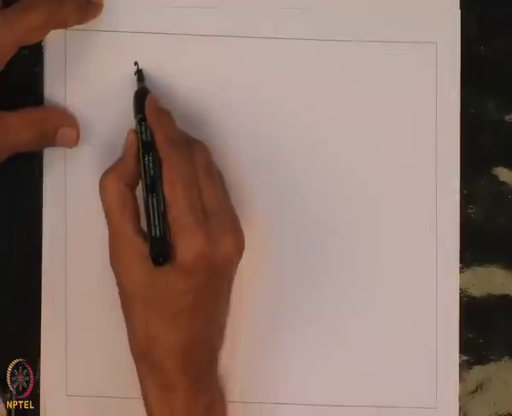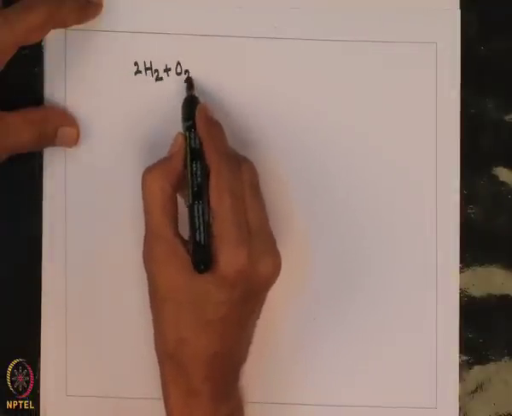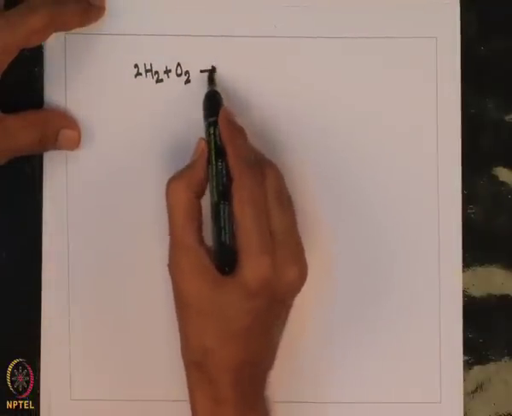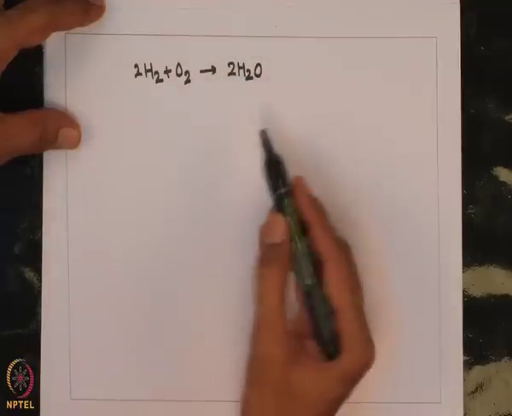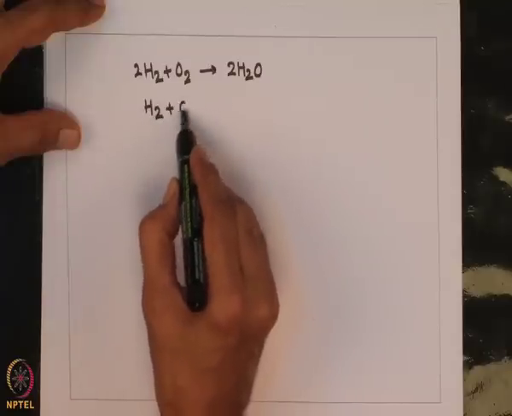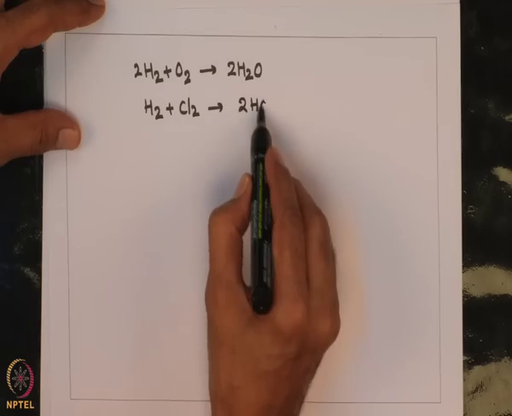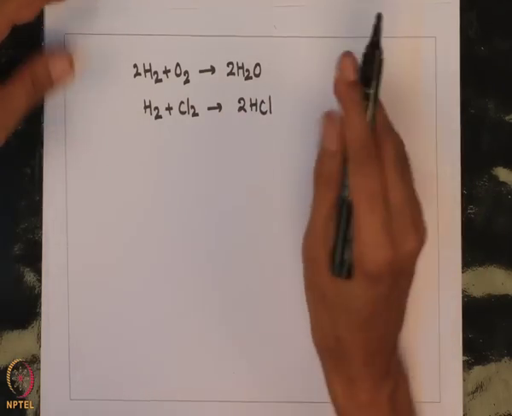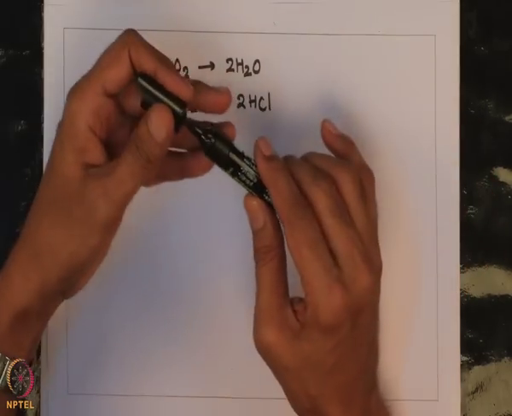For example, 2H2 hydrogen combines with oxygen to form H2O, and H2 can combine directly with chlorine to form HCl. So, these are the direct combinations of hydrogen with the corresponding elements.